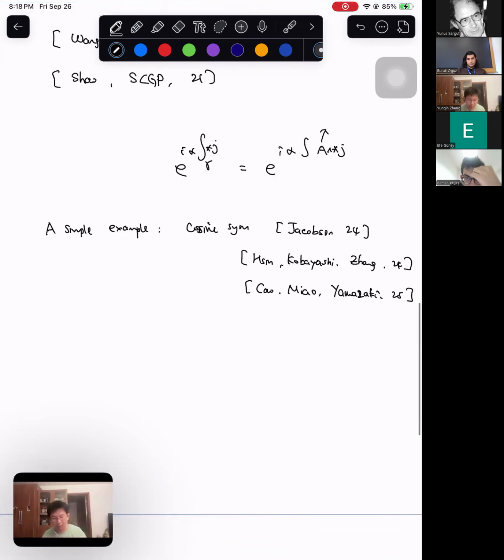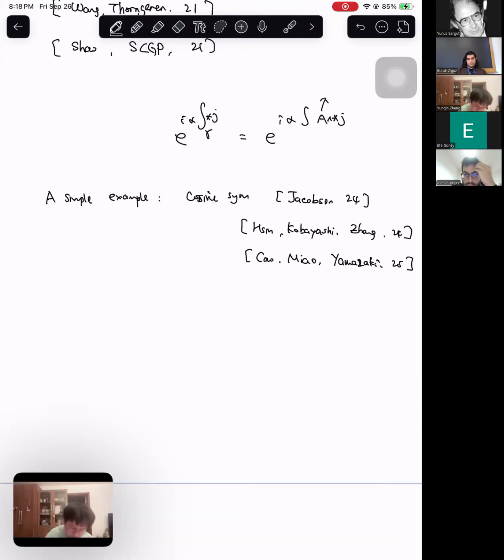So we found these works to be quite helpful. Although the discussion of this cosine symmetry has been known for quite a few years, maybe 10 years.